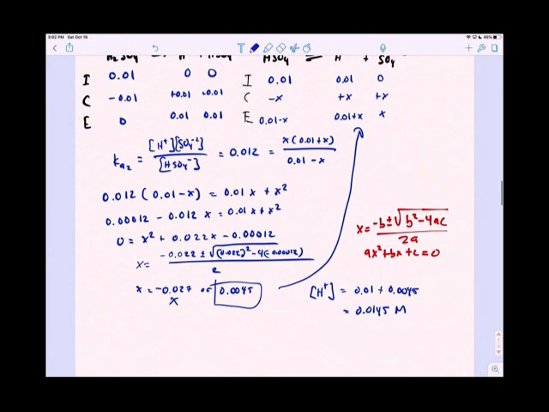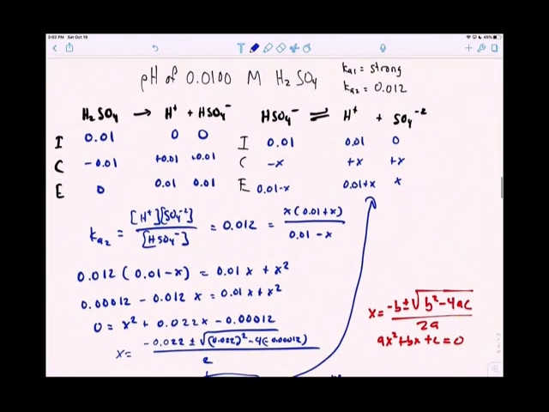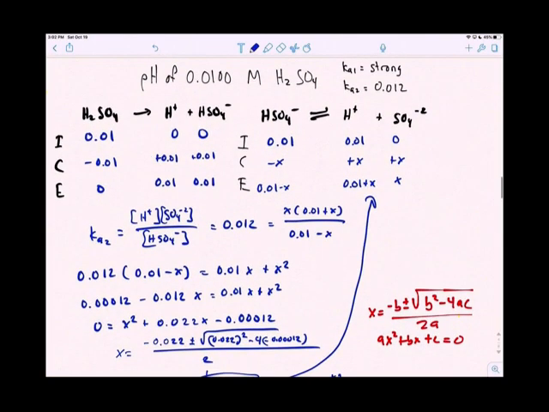And then the pH is the minus log of the hydrogen ion concentration, which is minus log 0.0145, and that equals 1.84, like so. Okay, so this is a hard problem if you hadn't noticed. It always gets my brain going to do this.